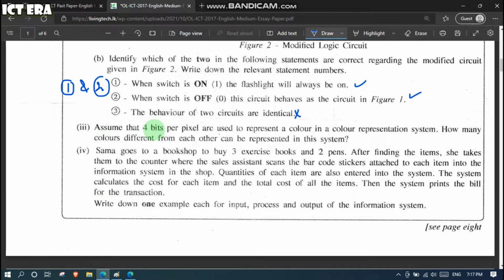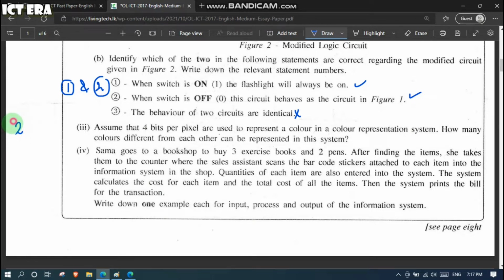Roman number 3, assume that 4 bits per pixel are used to represent a color in a color representation system. How many colors different from each other can be represented in this picture? So the question is asked about colors that are used on the pixel. So there is a formula for this.